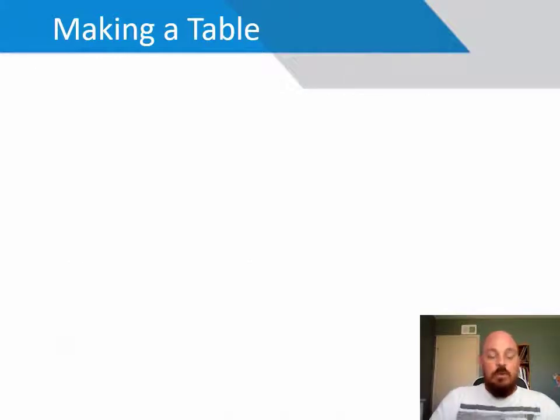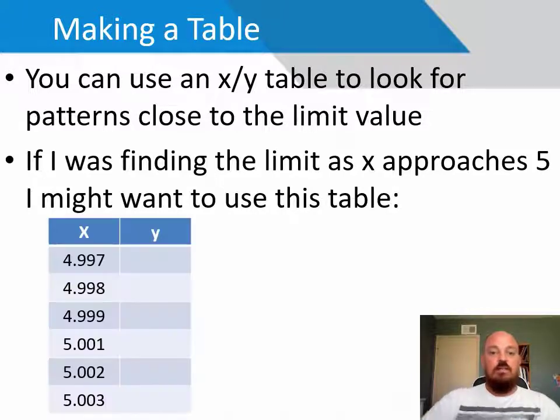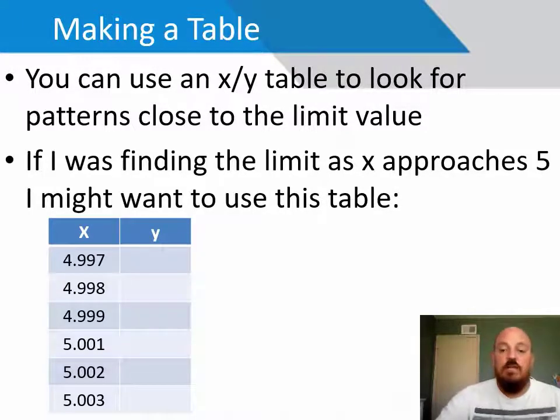So the first way we're going to look at for evaluating limits is through a table of values, like an XY table. So let's say, for example, in some question, I was trying to find the limit as x approaches 5 of some function f of x. Well, I might create an XY table that looks kind of like this, and when I'm choosing my x values, I choose values that are very, very close to 5 on either side.